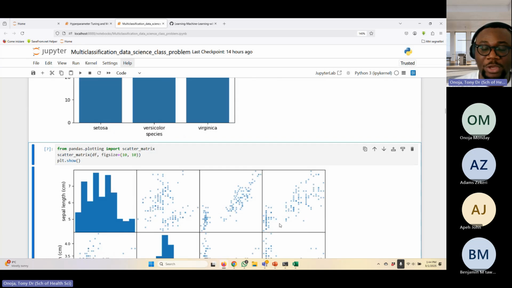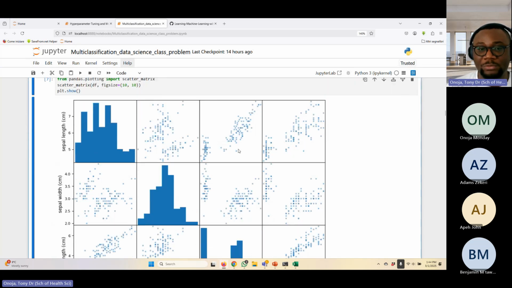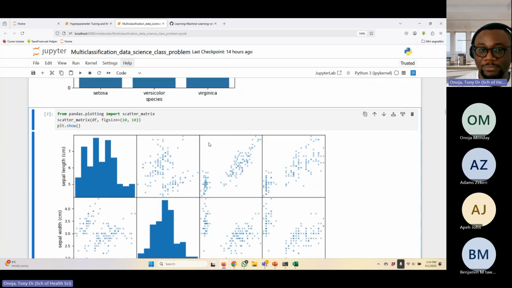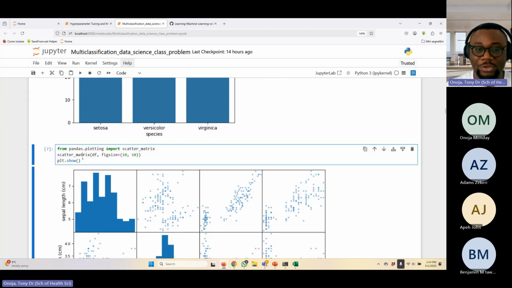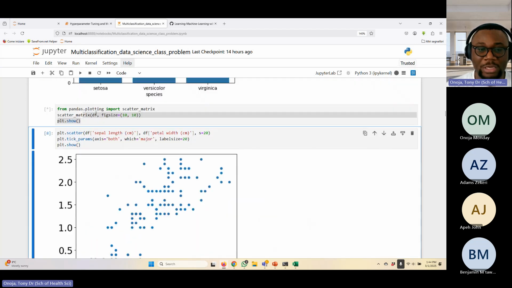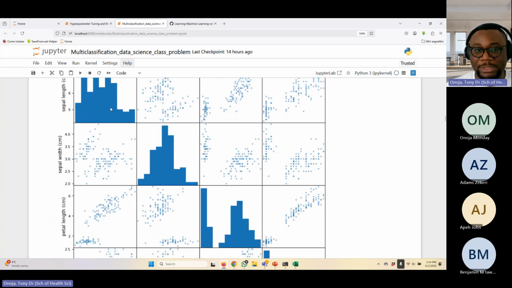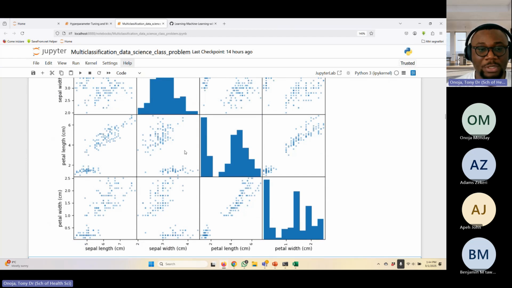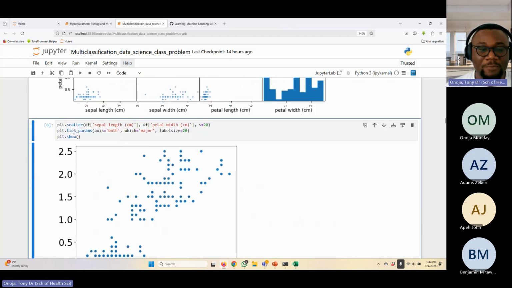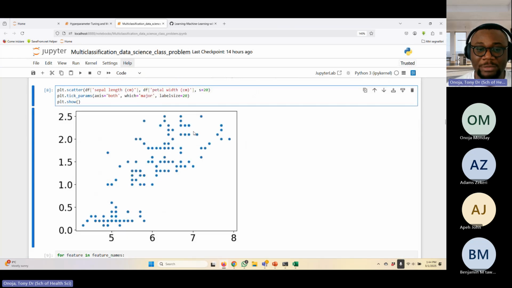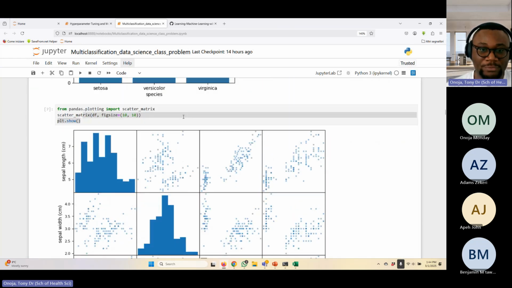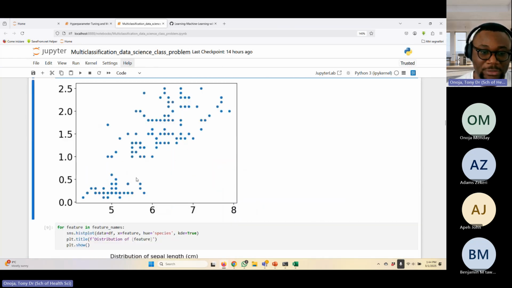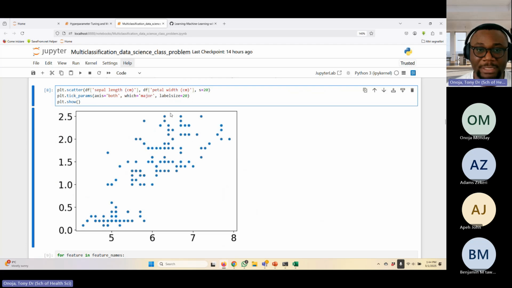Like I said, when you have lots of features, you have to be very strategic. Imagine if you have 100 features, putting them here would be tedious. So you have to be very strategic when you're doing your visualizations. But this is a good plot for you to see how the distribution of the dataset goes. Then another way: I zoomed into one of these, which is the sepal length and the petal width.